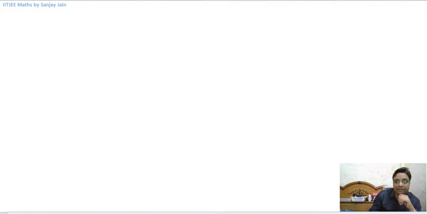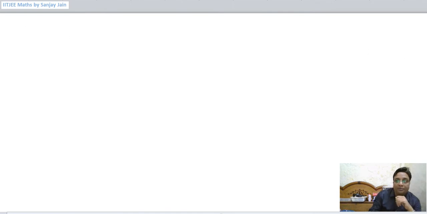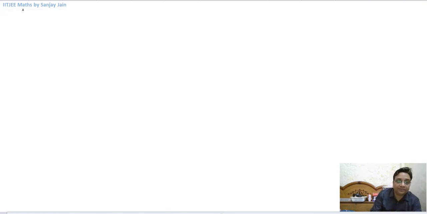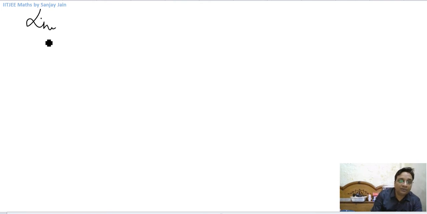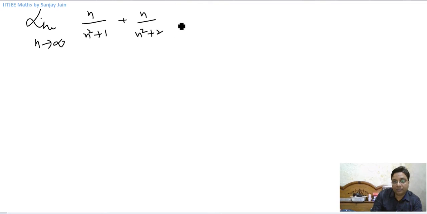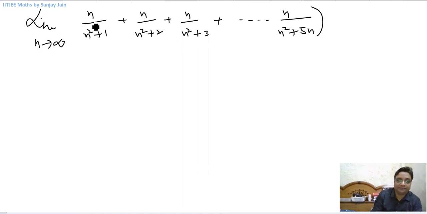Okay, so if I take a problem of something like limit n tends to infinity n over n square plus 1 plus n over n square plus 2 plus n over n square plus 3 plus and so on up to n over n square plus 5n, let's say.